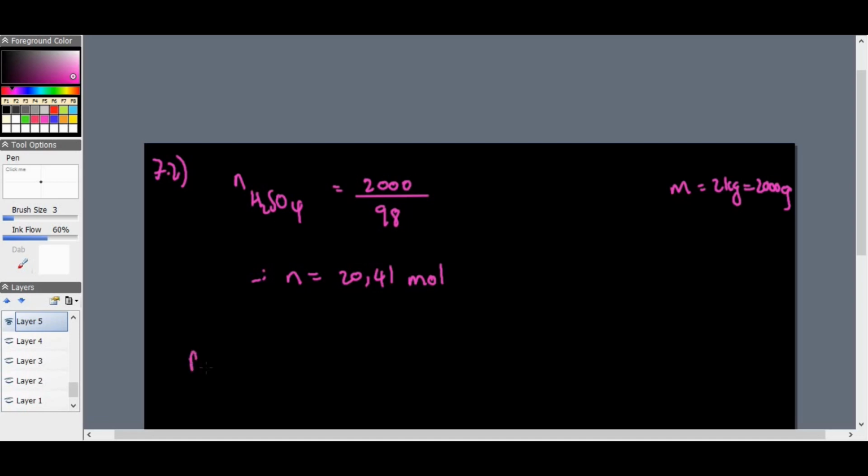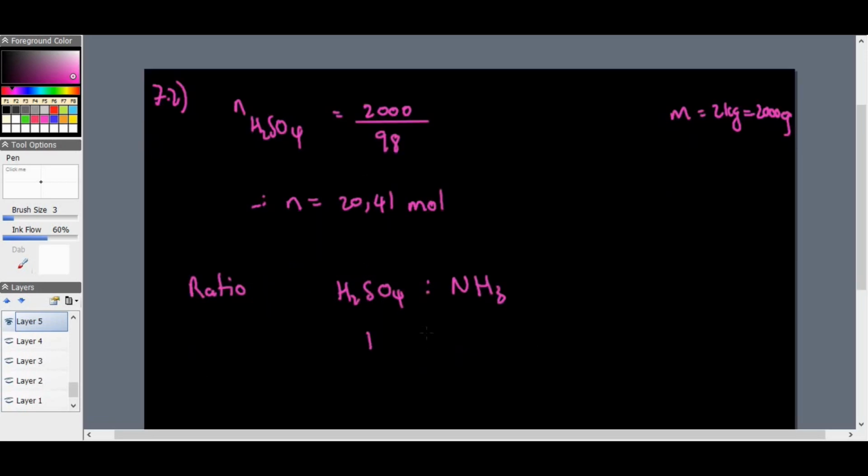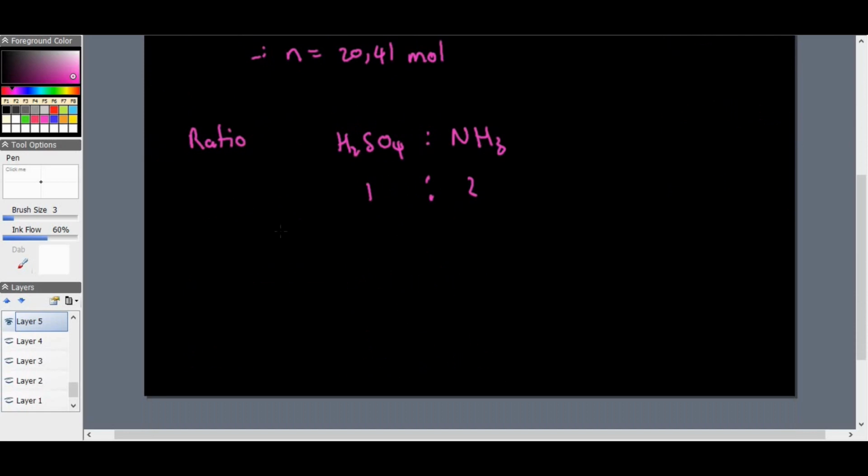So what we want to do is take a mole ratio of H2SO4 to NH3, which we know already is 1:2. Therefore, if we want the number of moles, we know this is 20,41, and so we divide it by 1 and times by 2, which is basically just 20,41 times 2.